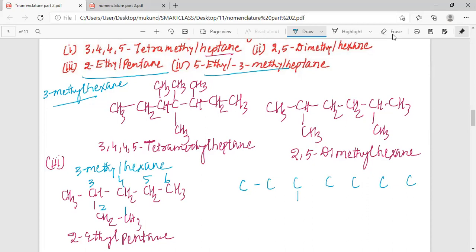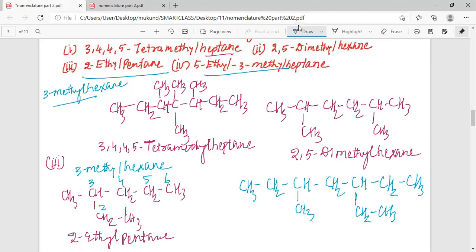So here on the third carbon we have methyl, and on the fifth carbon we will have ethyl. So we can have CH2 and CH3. Here also we can have CH2, CH3. Then we have CH3, then CH2, then CH. Then again we have CH2. This is CH and CH3.